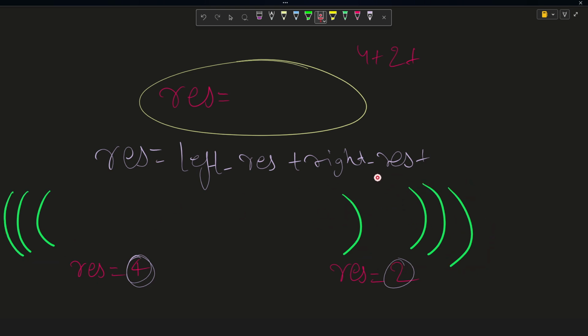The minimum is 3. But since this 3 just represents the 3 opening brackets, and we know that for these we have 3 closing brackets, I will multiply by 2, so 3 into 2. This is equal to 6 plus 6, that is 12, and thus 12 will be the answer in that case.